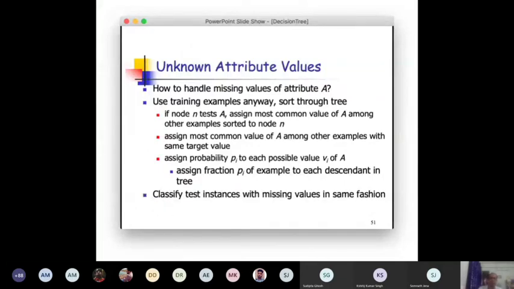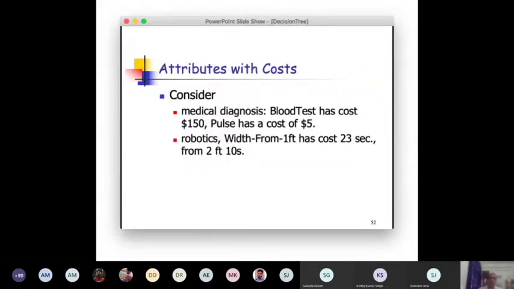So also they classify the test instances with missing values in the same fashion. So in those nodes, you have to consider this probabilistic interpretation. This is used in C4.5, another decision tree algorithm.